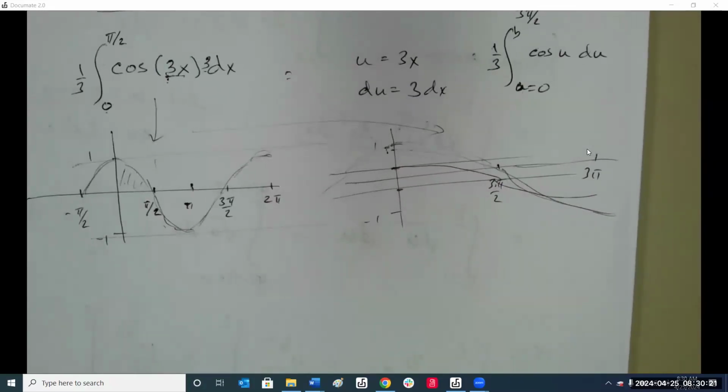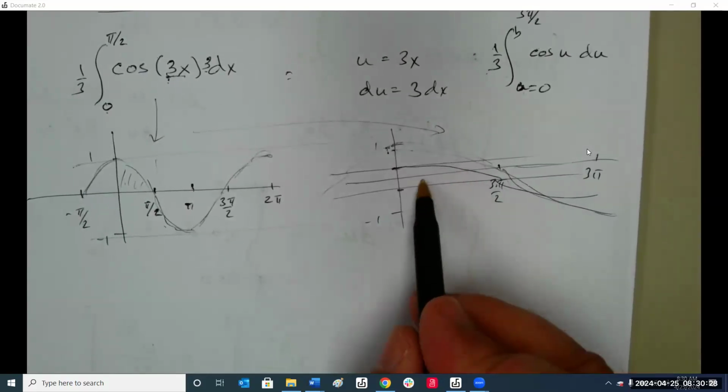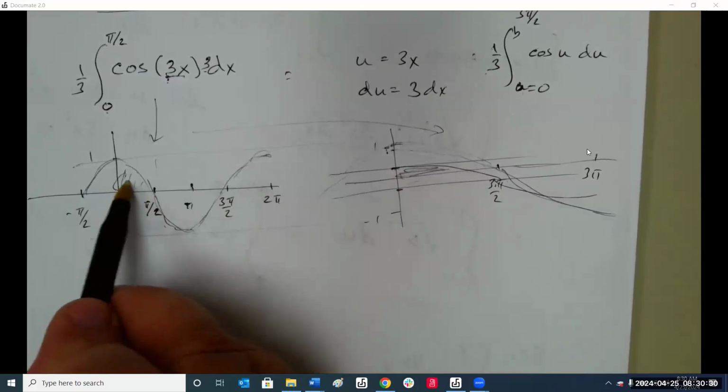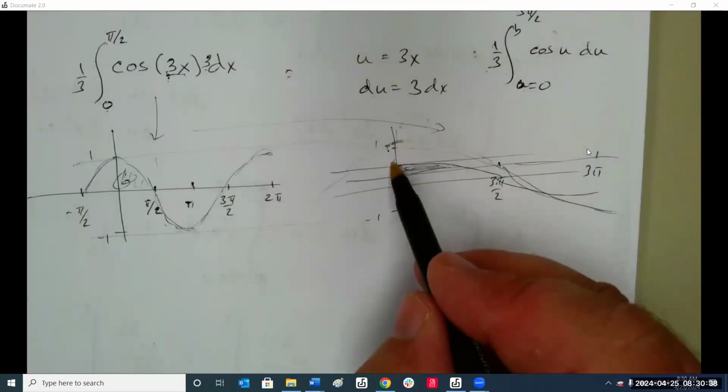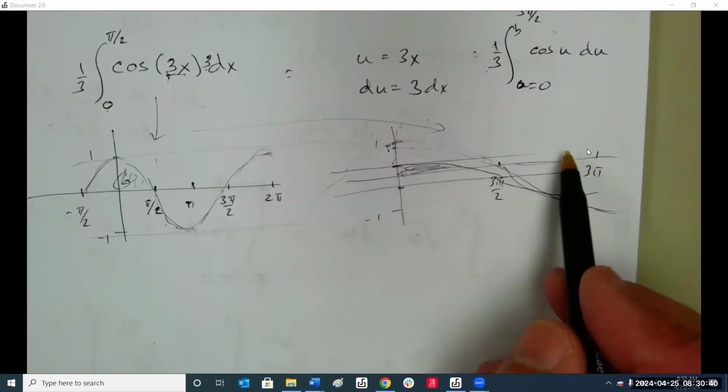It's shrunk because of the 1/3 that goes out in front. So whenever you change the bounds, the area is going to be the same. This area and this area are going to be the same. Because it's 1/3 shorter, it's also 3 times longer.